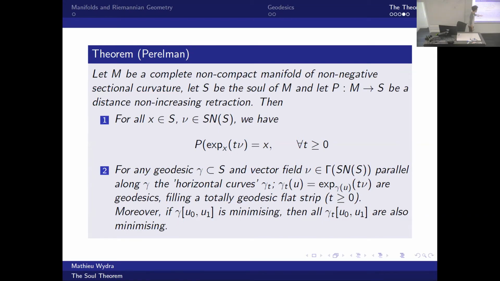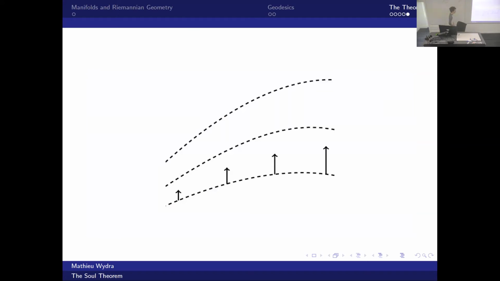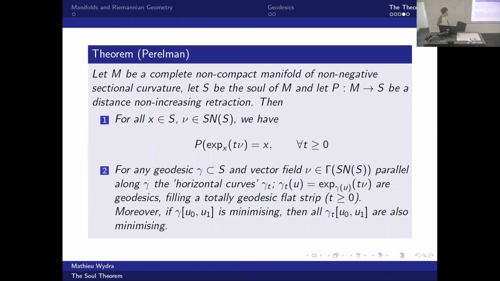Then the horizontal curves, which I'll show here, you basically take your normal vectors and you make new geodesics out of it. They fill a strip up, so just a strip of geodesics. They're actually flat, i.e. the sectional curvature is 0.